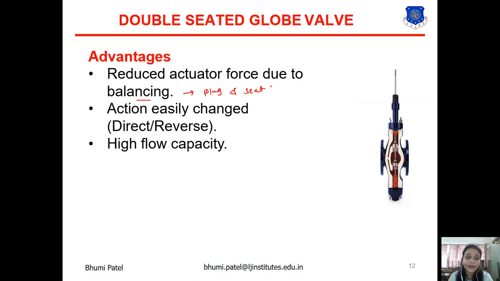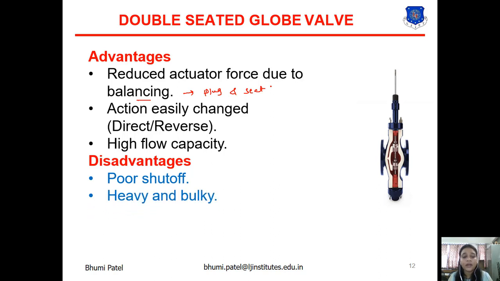Now the flow capacity of the double seated globe valve is high compared to the single seated valve. Now the disadvantages of the double seated valve: the shutoff is poor compared to the single seated valve, and it is heavy and bulky. Why?